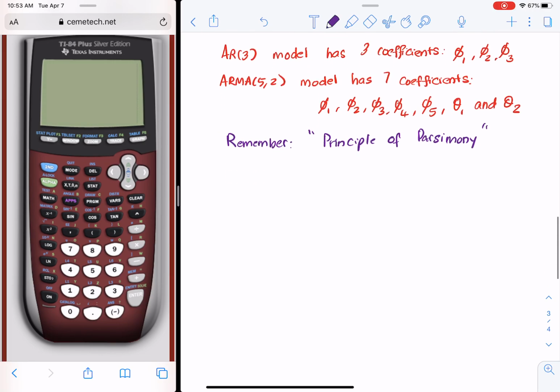The reason being, from a computational standpoint, the more coefficients we have, the harder the computation is going to become. And we don't want that. So if two models are going to give us the same performance and one has 3 coefficients and the other has 7 coefficients, let's go with the simpler model.